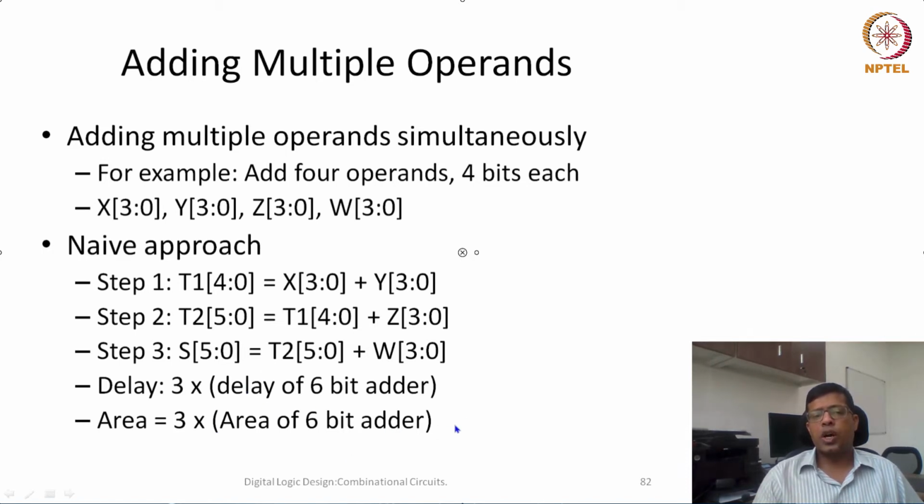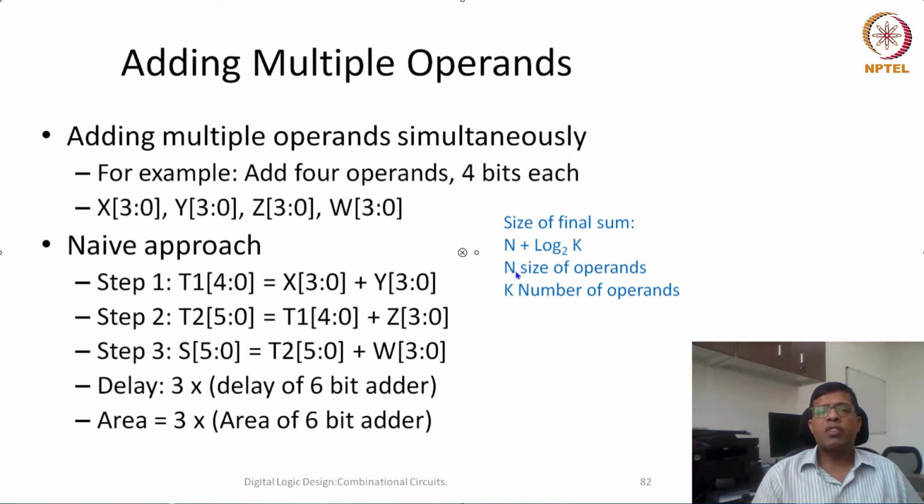And yes, the question: how do we know the number of sum bits? There is a very generic formula. If we have n bits in each operand, here it was only 4, and k operands, then the size of the final sum will be equal to n plus log 2 k.